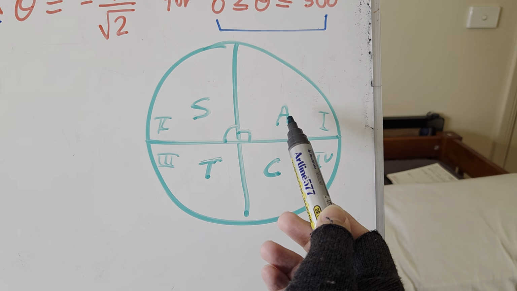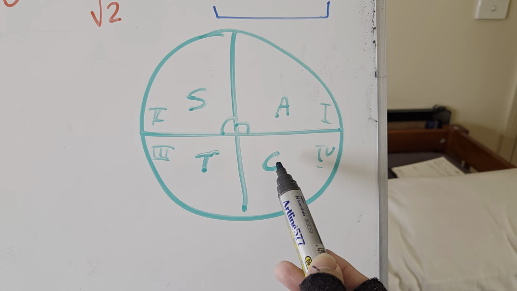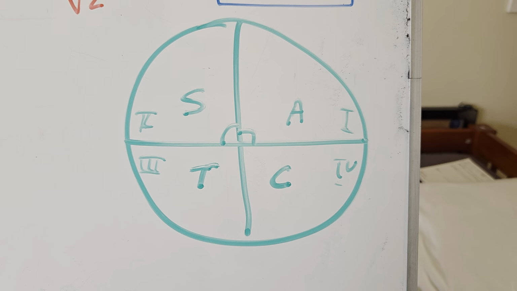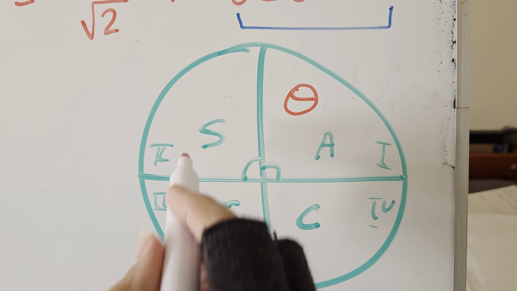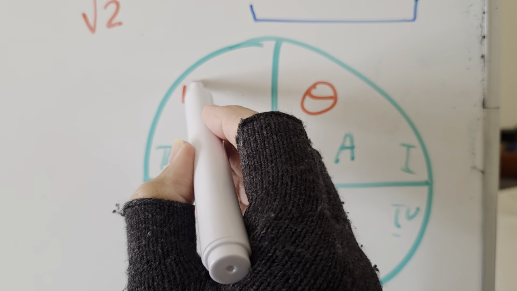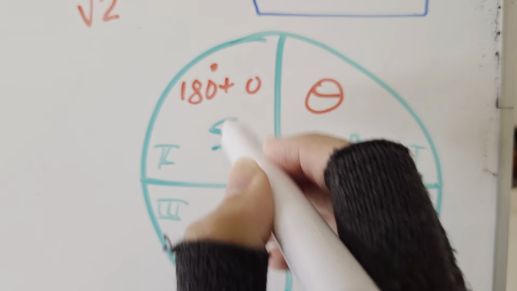A good way to remember is ASTC: add sugar to coffee. So it starts from this quadrant over here and goes in an anti-clockwise direction. This one over here, the first quadrant, is theta itself. The second quadrant is 180 degrees minus theta.